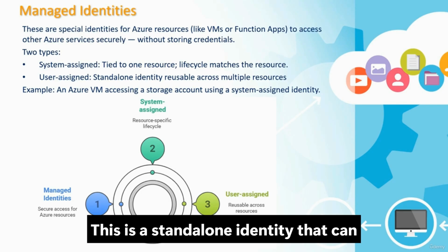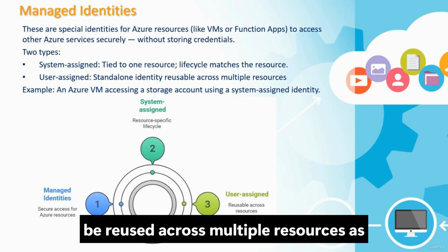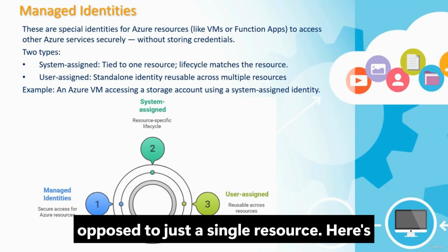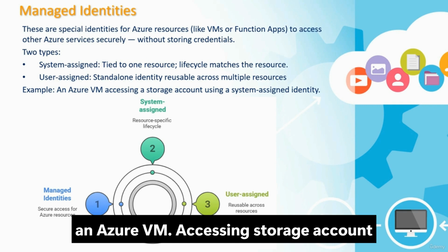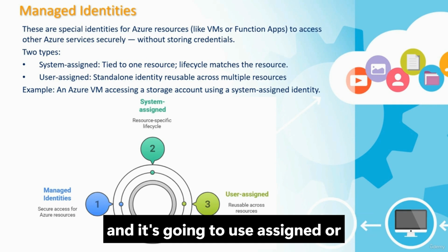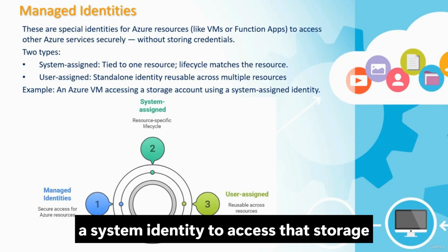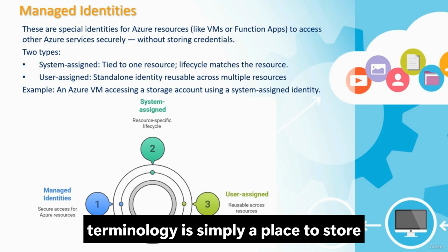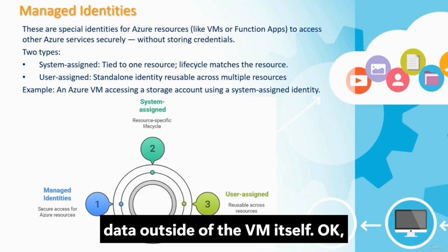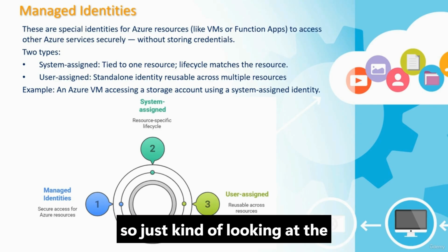This is a standalone identity that can be reused across multiple resources as opposed to just a single resource. Here's an example of using this. You have an Azure VM accessing a storage account, and it's going to use a system assigned identity to access that storage account. Storage account in Azure terminology is simply a place to store data outside of the VM itself.